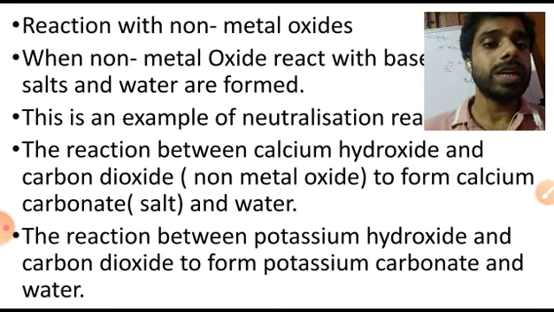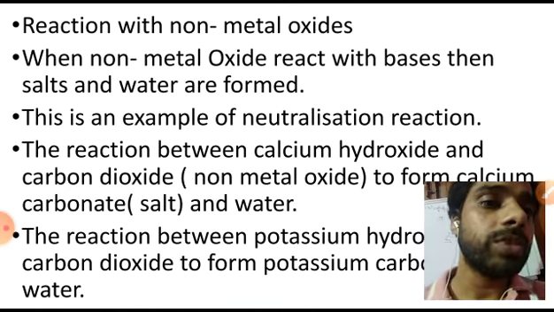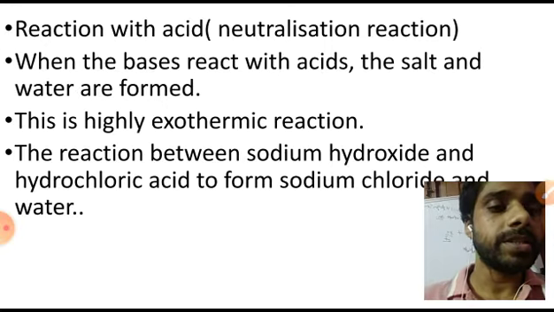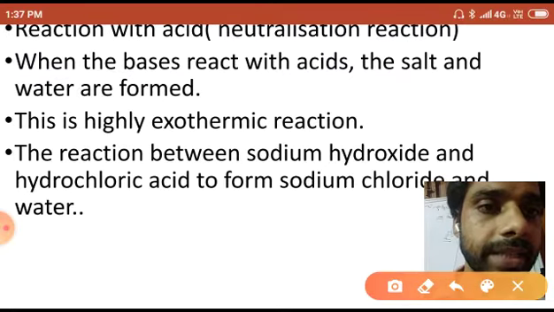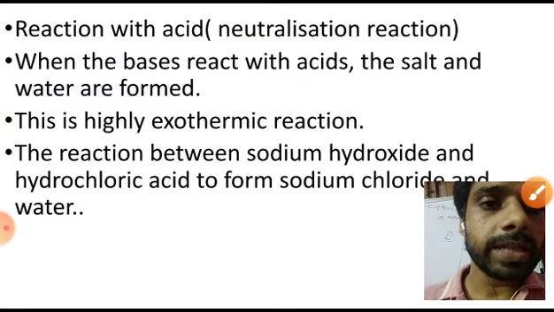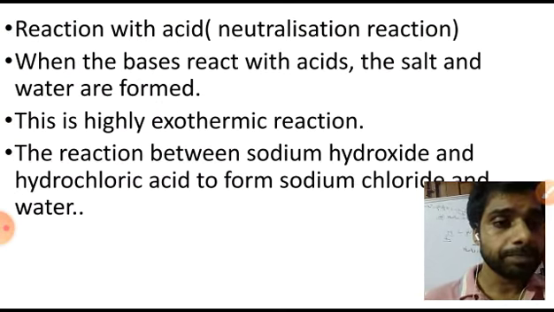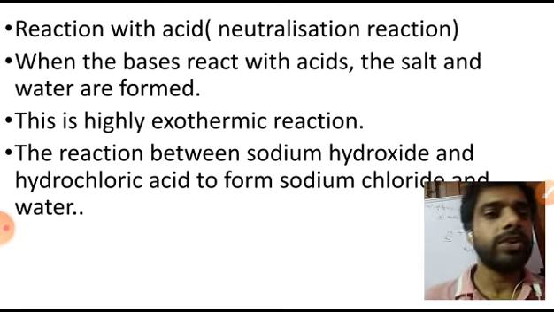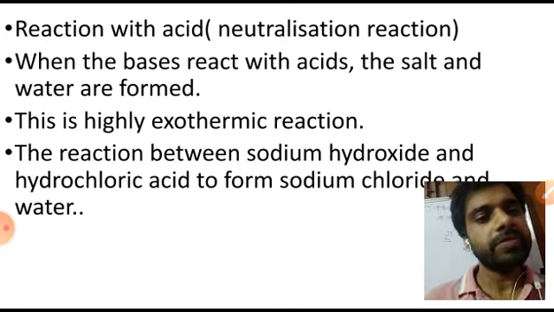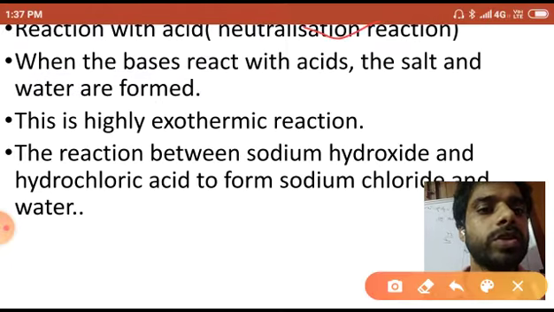Yet again, it is a neutralization reaction, and when a non-metal oxide reacts with bases, salt and water are formed. Now, reaction with acid is a neutralization reaction. If I take any base, calcium hydroxide, lithium hydroxide, potassium hydroxide, sodium hydroxide, and react it with acid, then every time it would be a neutralization reaction.